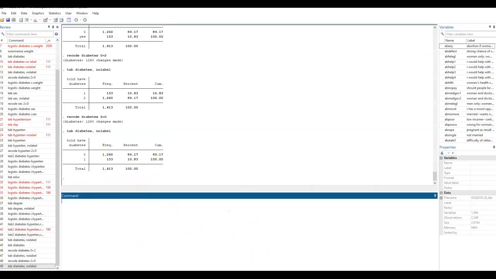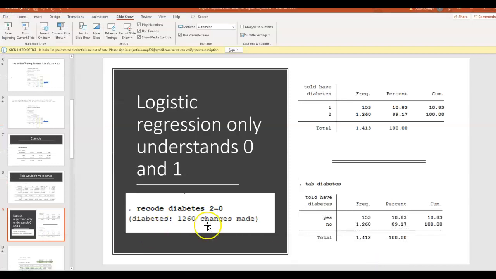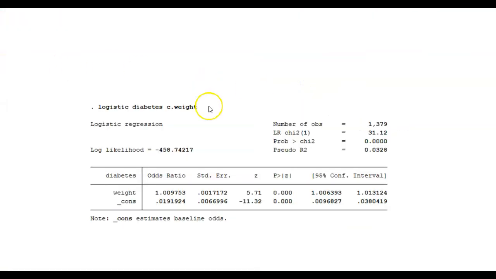Okay. So again, you're just running that code, recode diabetes 2 equals 0. So now what if we wanted to run a logistic regression? You don't necessarily have to do this when it's just one variable, but it's good practice to put a c. in front of continuous variables.